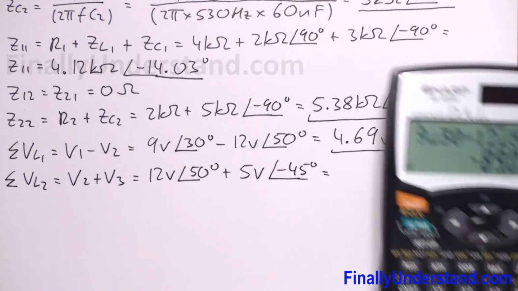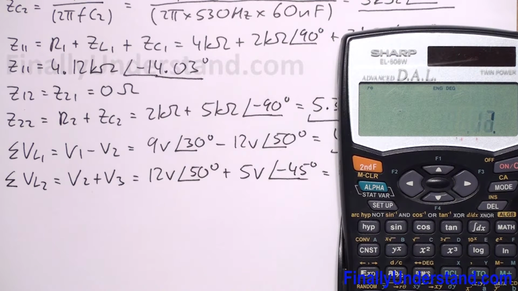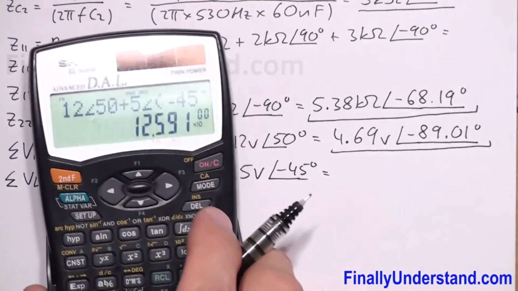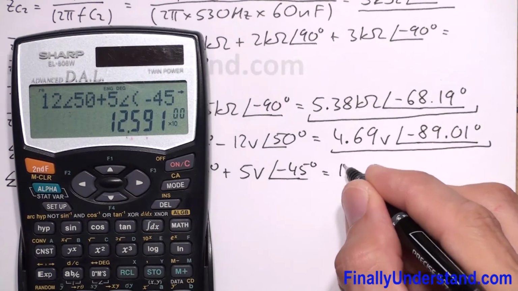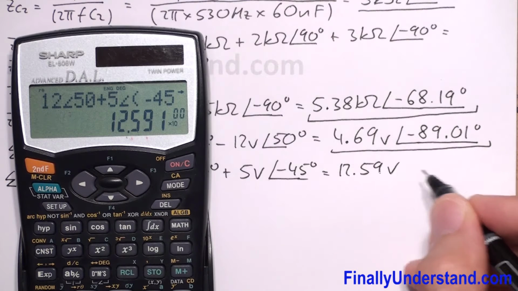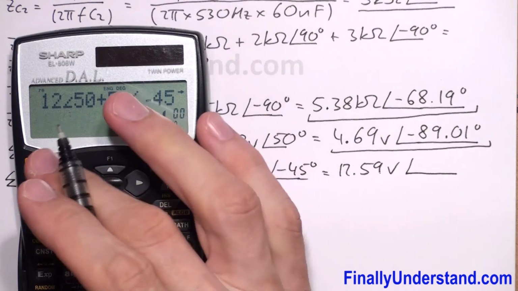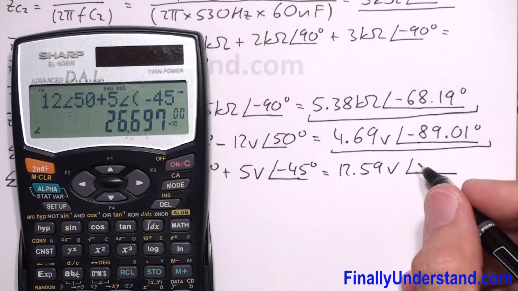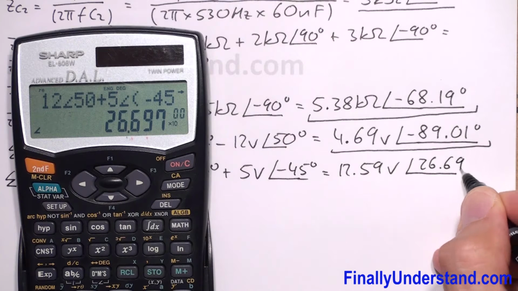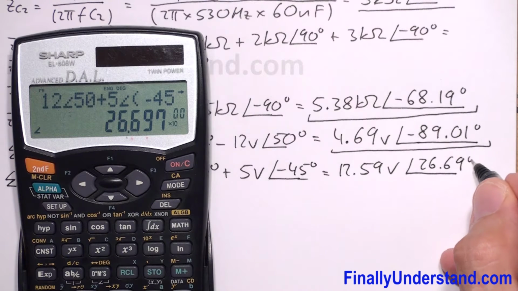This is equal to 12 and angle 50 plus 5 and angle of negative 45, equals 12.59 volts and angle of 26.69 degrees.